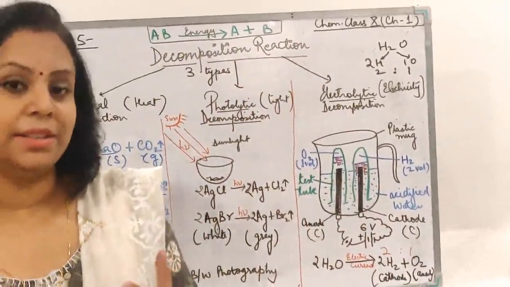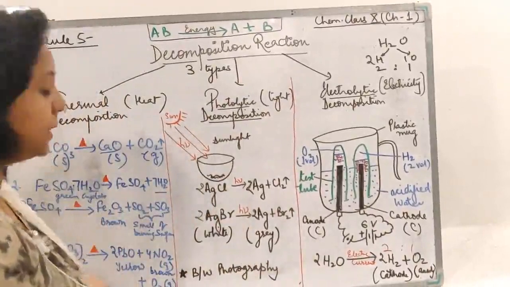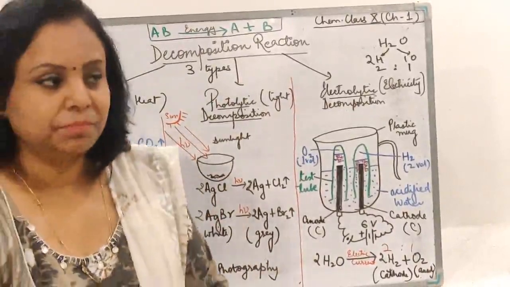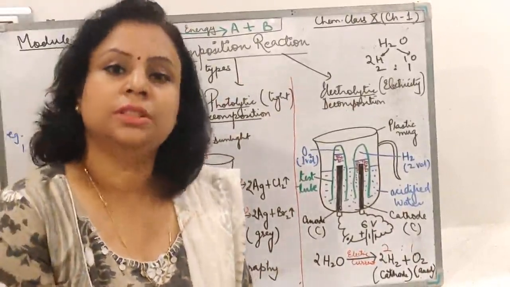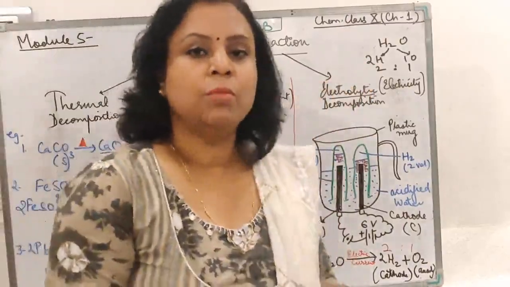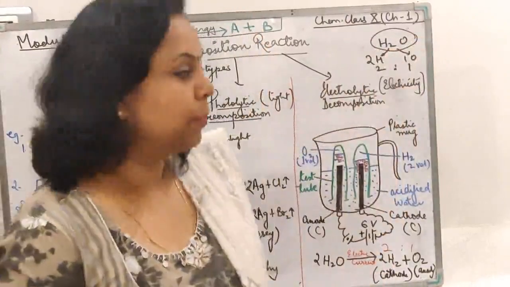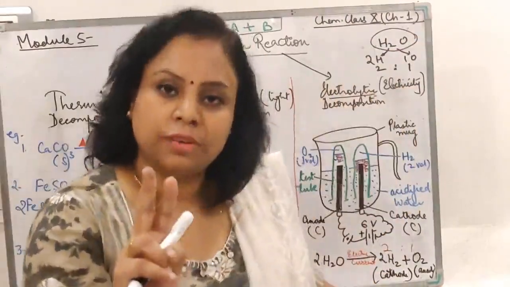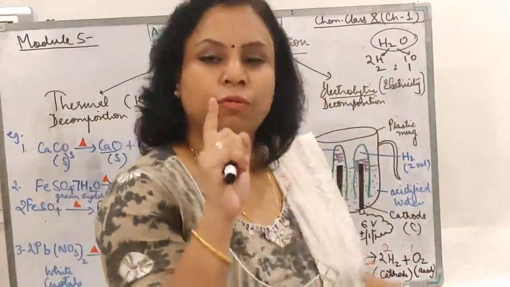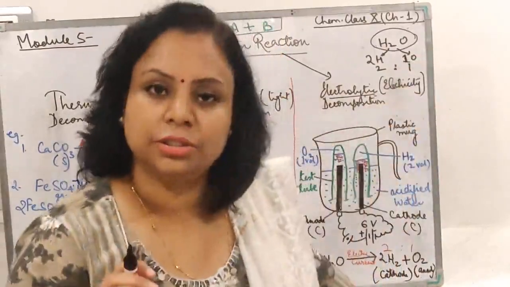Now, could you guess the reason for this? Yes. If you remember, in class 9th we had studied the law of constant proportions. One molecule of water is made up of 2 atoms of hydrogen and just one atom of oxygen.